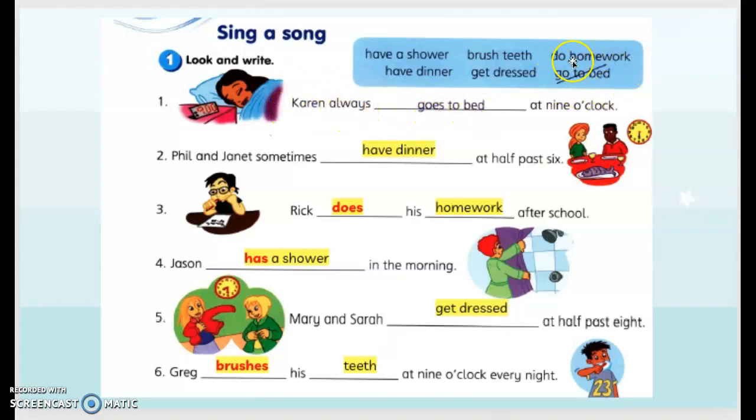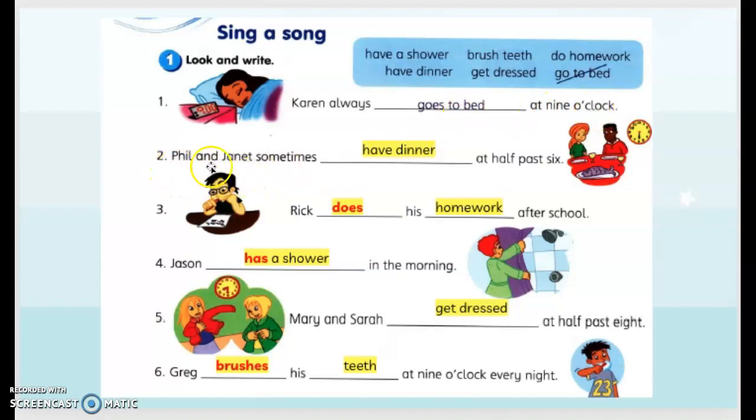But the word given here is go to bed. But why does it make it goes? It is because the subject here, Karen, is singular. It's just one person. When singular, it starts with S, right? So you put S on the verb. That is why we said Karen always goes to bed at 9 o'clock.